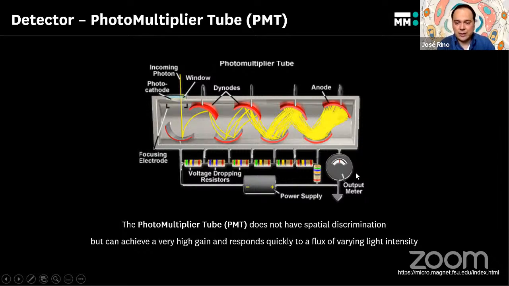So it achieves a very high gain and it responds very rapidly to a flux of light intensity. So it's ideal for measuring, in short intervals of time, the photons that come from the tiny spot on the sample. It's not very efficient at it though, as Telmo mentioned, only around 25% of the photons will generate a signal. So it's high magnification, but not very sensitive.